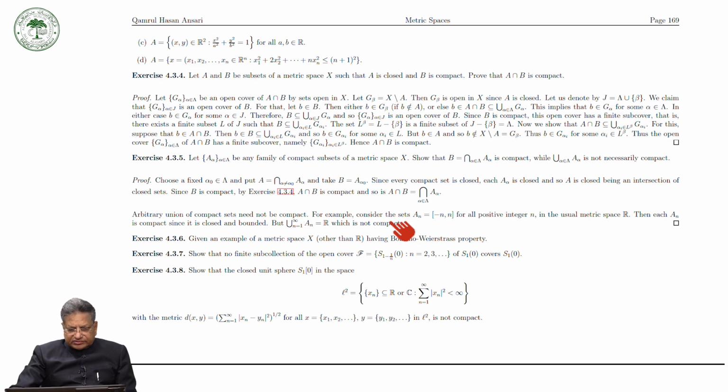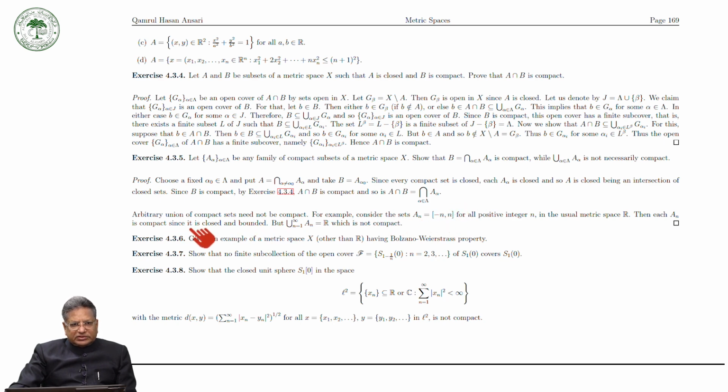For that, consider the sets A n, where A n is equal to the closed interval [-n, n] for all positive integers n in the usual metric space R. Then each A n is compact, because it is a closed and bounded subset of R. A closed bounded subset of R is compact, so this is your compact set.